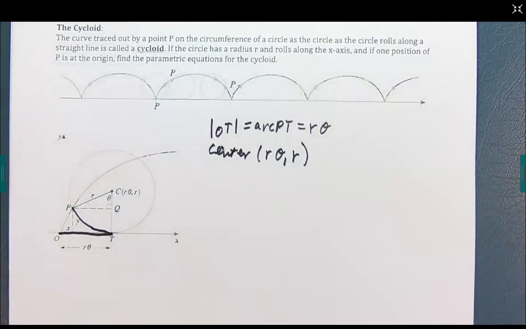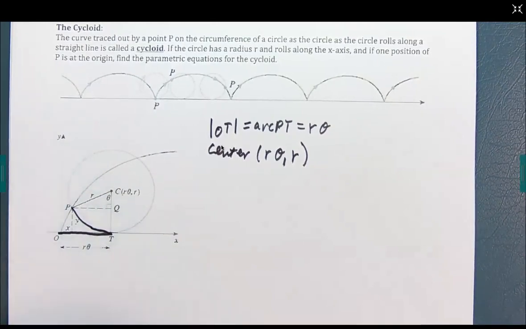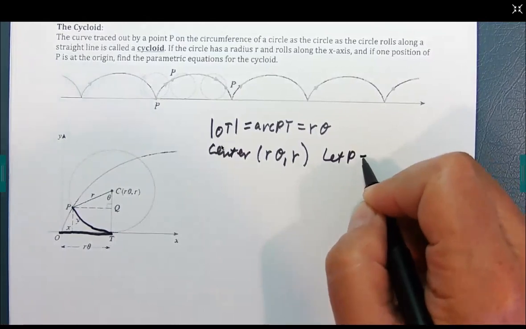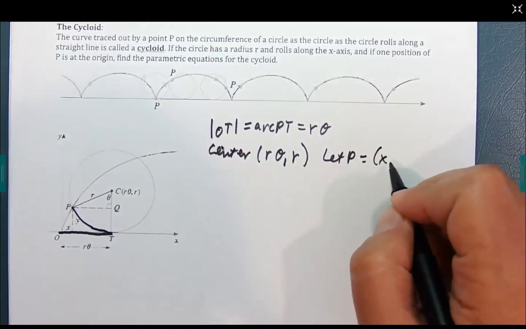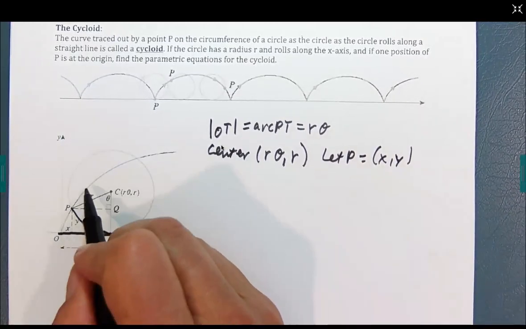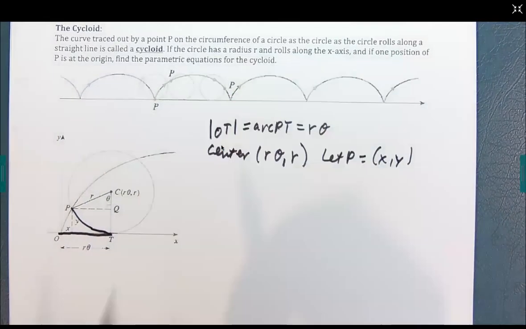So the center is at r theta for the x coordinate and r for the y coordinate. All right, next up. So we're going to let P just be a generic point, x comma y, that's on the cycloid. Again, this is the cycloid here. So this is like the beginning here.